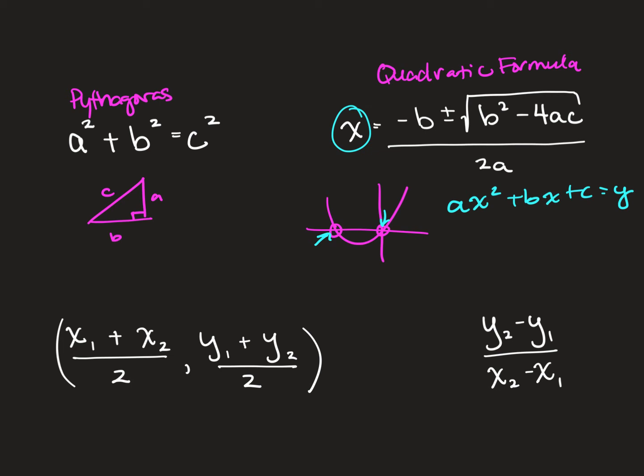This one down here, this is the midpoint formula. And this is used for if you had, say, -2, 1, that point right there, -2, 1, and the point, let's say, 3, 2.